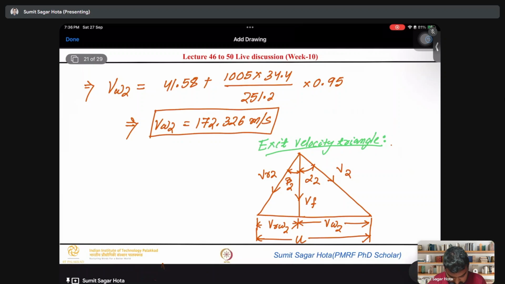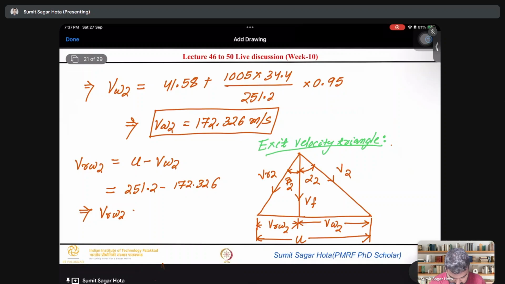So VRW2 is equal to U minus VW2. U we already know from the inlet triangle, 251.2, and VW2 is 172.326. So what is VRW2? VRW2 is equal to 78.87 meter per second.